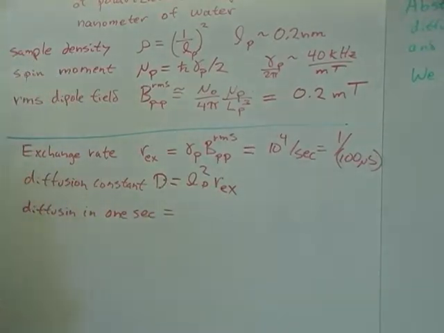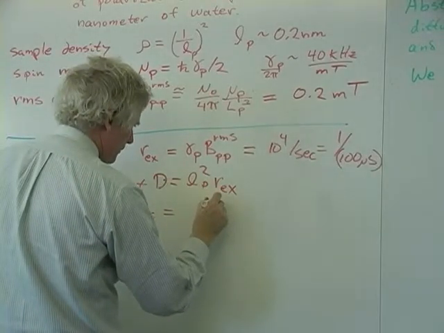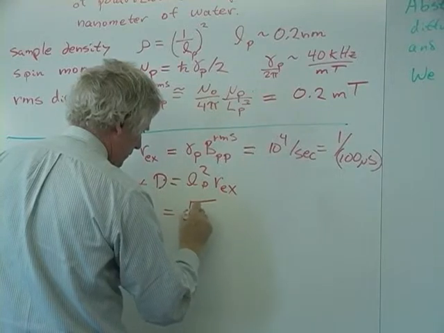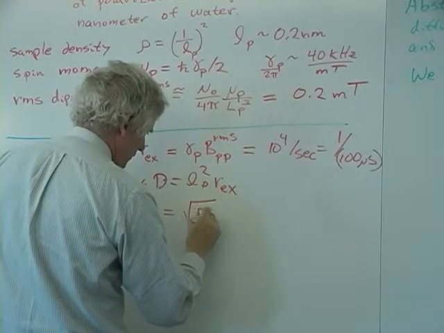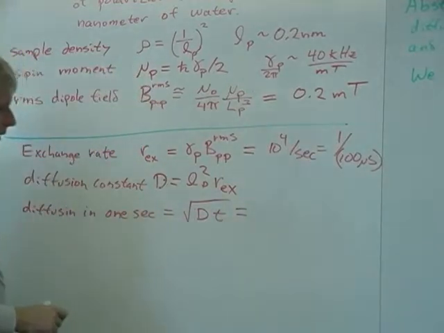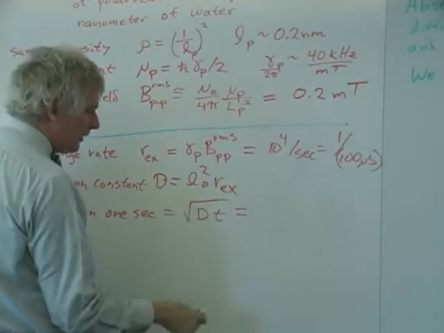Well, that distance is going to be proportional to D. It's going to be the square root of D times the time, which is 1 second. In 1 second, this rate times the time is 10 to the 4.